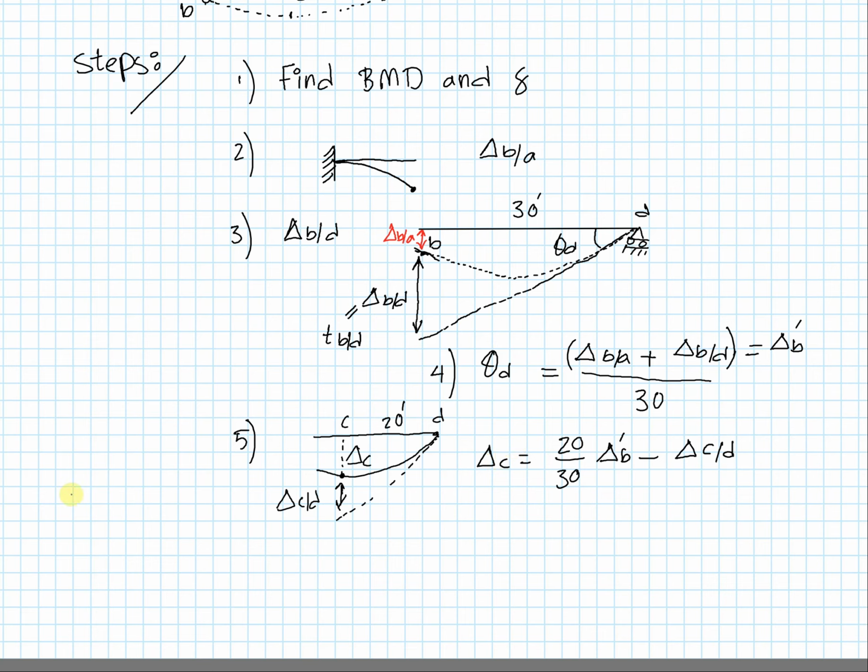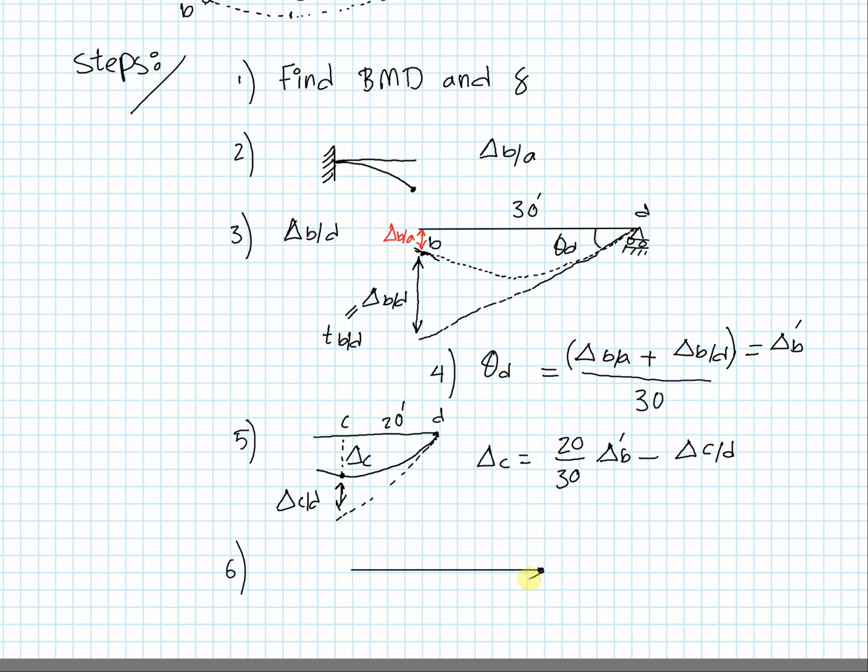And lastly, what I can do is to simply solve for theta C. And now that we know what theta D is equal to, solving for theta C will be really simple.